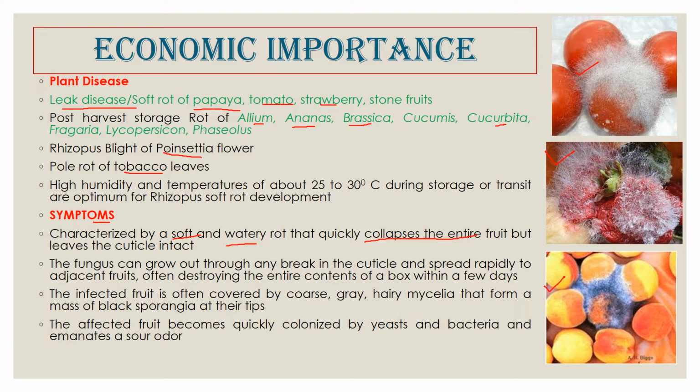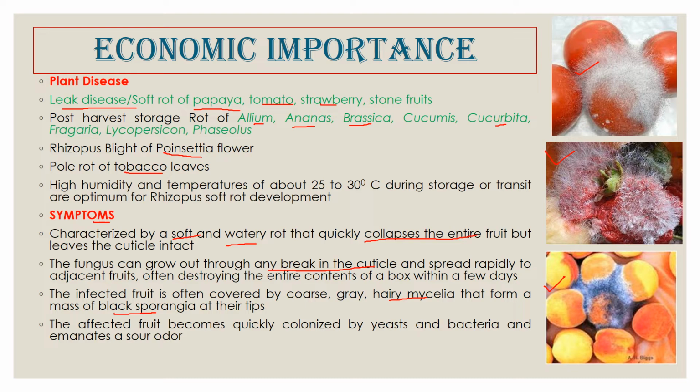They grow inside the fruit through any break or wound created in the cuticle of the fruit, and thereafter the mycelium produces these black sporangiospores. Then the entire biomass of the fruit collapses, and this is a very soft watery rot. So that is why it is also called leak disease of plants and of fruits.